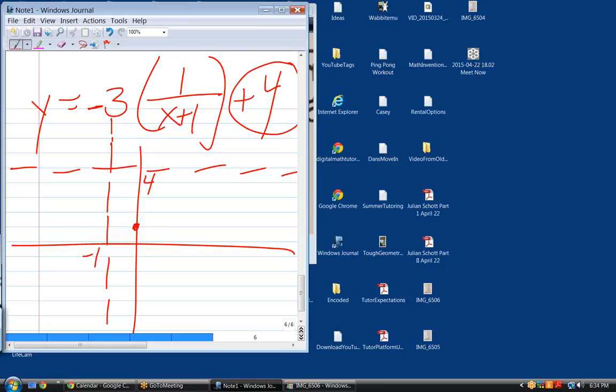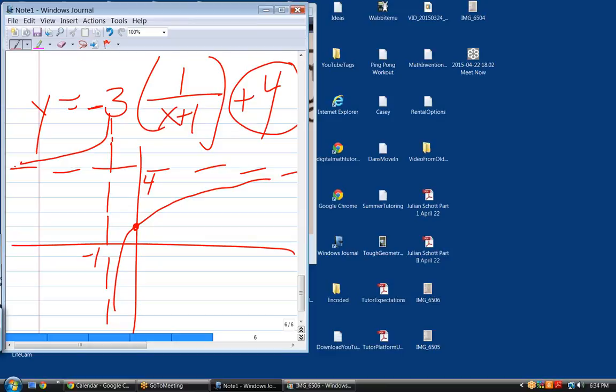So that point has to be on the graph of this thing. That tells me which quadrants I'm in. Notice that I can't be in quadrant 1 if I've got this point down here. That's one of the halves of the hyperbola. The other half is up there.